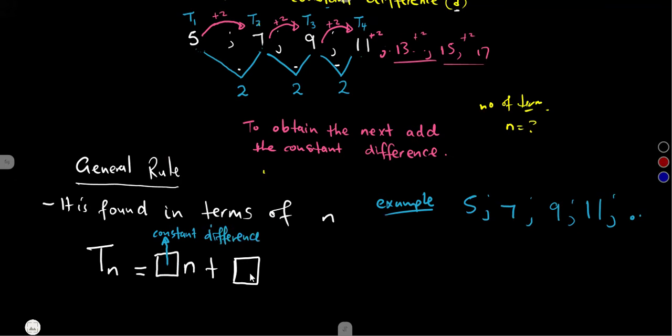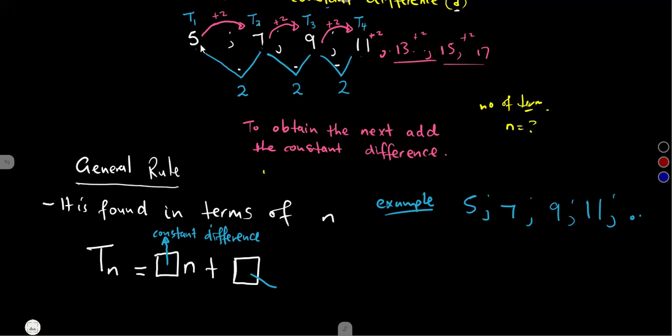Then the number that you're going to put here, I want us to be careful. It is a number that is to be calculated. For the first term, the number is 5. The second term is 7.